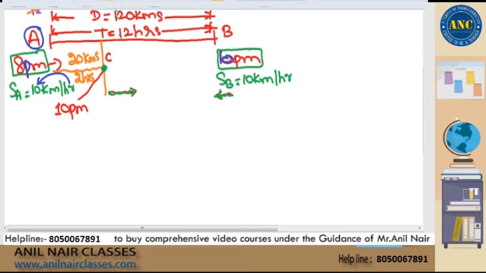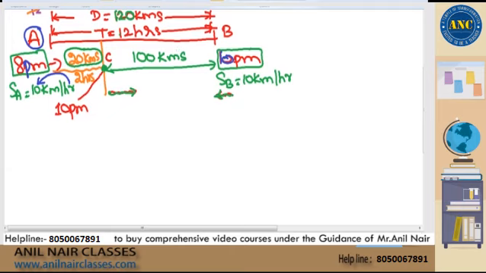Now, out of the total 120 kilometers, already 20 kilometers is traveled by A alone. Out of 120, 20 is already covered. Remaining 100 kilometers needs to be traveled by both the trains together, both A and B together.